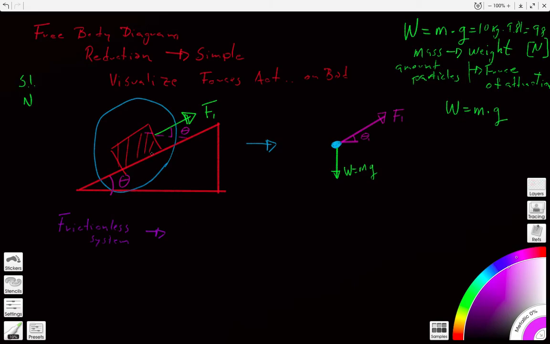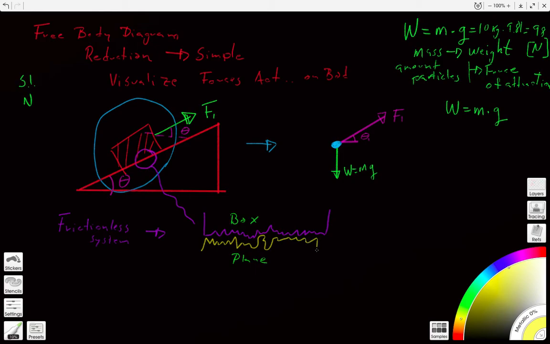Let's take a microscopic look at this interaction. We will see that a solid is not necessarily smooth, but is made up of many, many different bumps. So this is the box, and down here we have the plane, and on the interaction between these two there are many different bumps, like that, like that, like that.